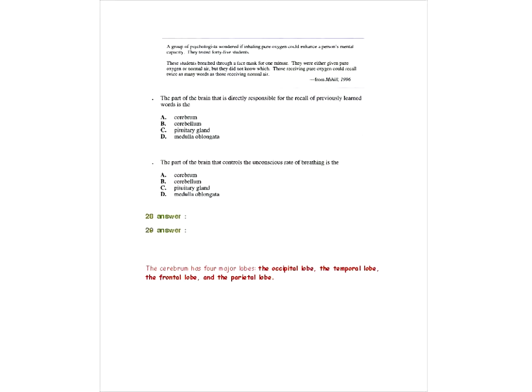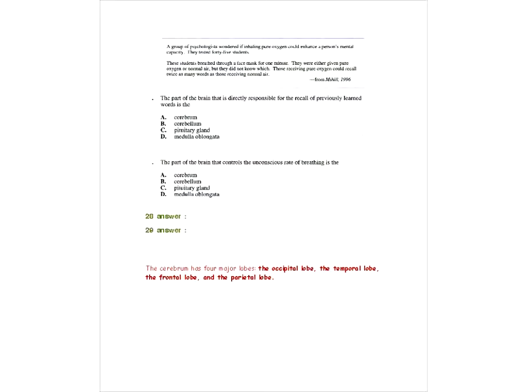Do you think that would be the cerebrum, the cerebellum, the pituitary gland, or the medulla oblongata? Previously learned words. Okay, that one would be the cerebrum, and again, that has to do with most of the thinking, the cognitive processes that take place in the brain.